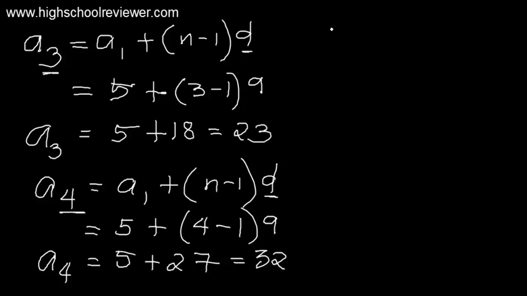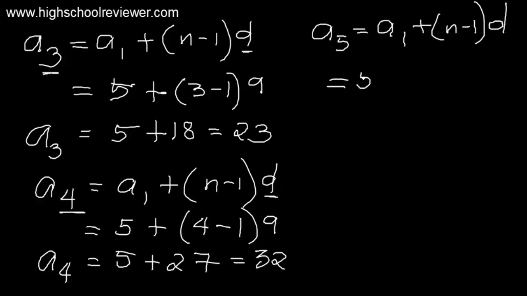And the last here, we are going to find the fifth term, or A sub 5. This is equal to A sub 1 plus n minus 1 multiplied by D. Okay, so our A sub 1 is positive 5 plus n. Our n here, since this is the fifth term, will be 5 minus 1, and our D is equal to positive 9.